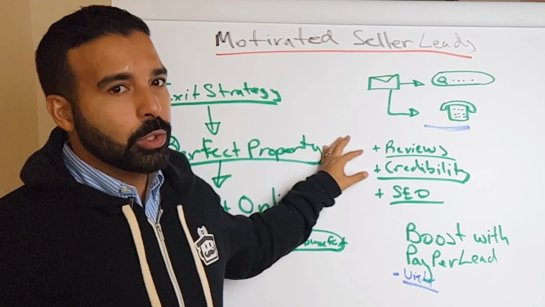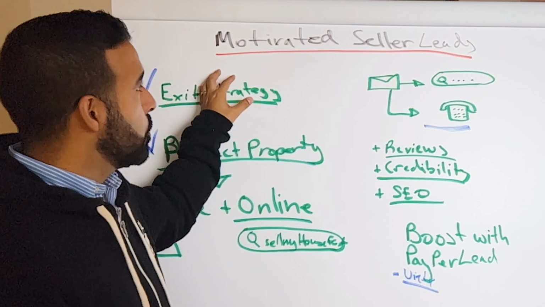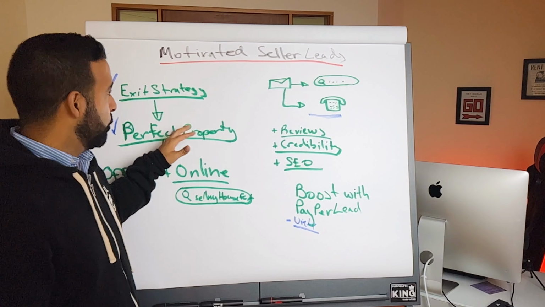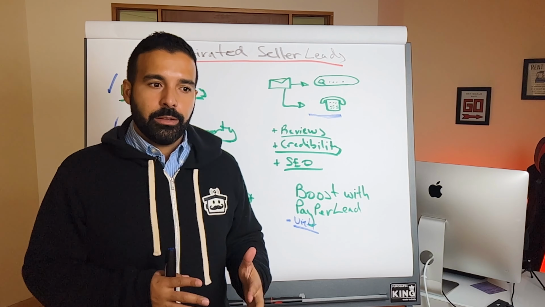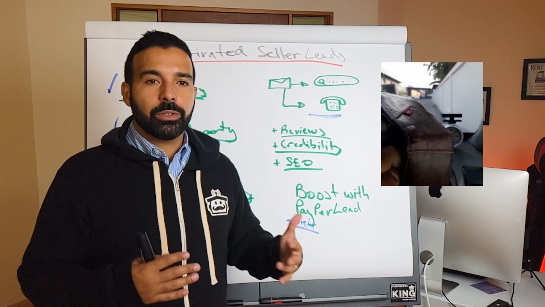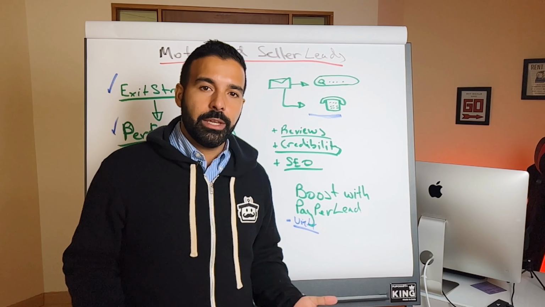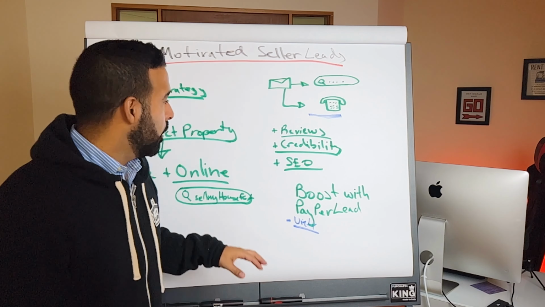But if you're actually looking to build a house buying machine, you have to get your motivated seller leads in order for them to align with your exit strategy. Because if you run out of marketing funds, if you run out of lead generation, it'll be really hard for you to compete, okay? So I hope this helps.